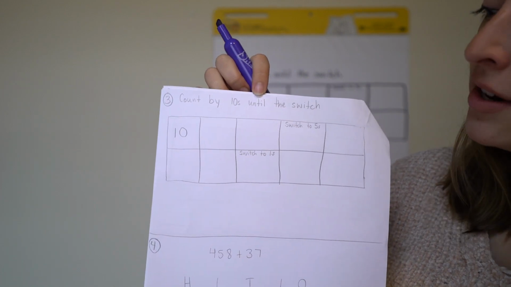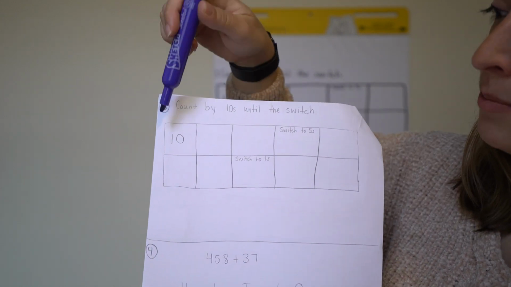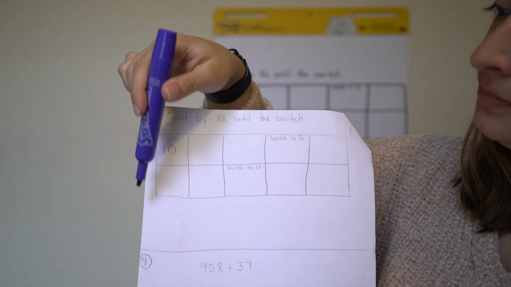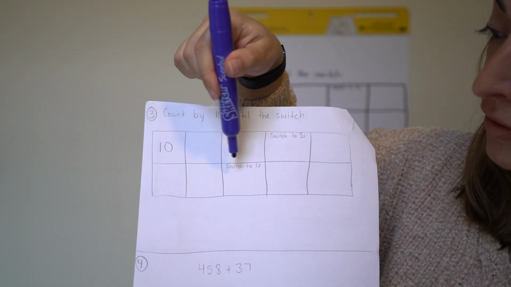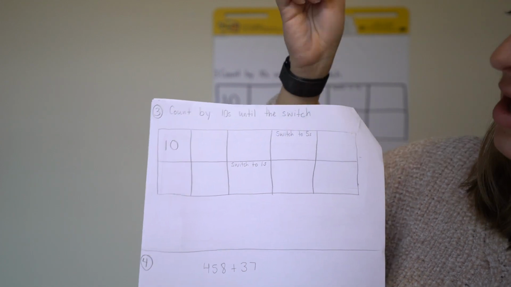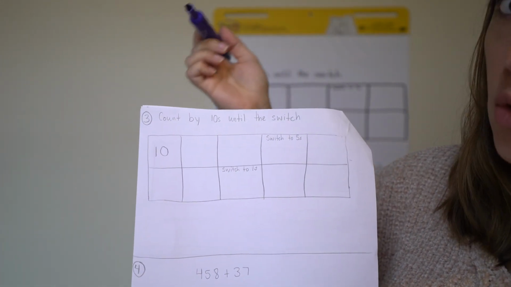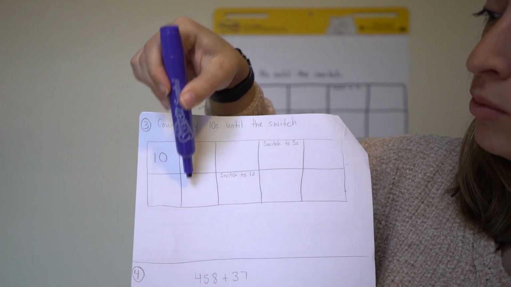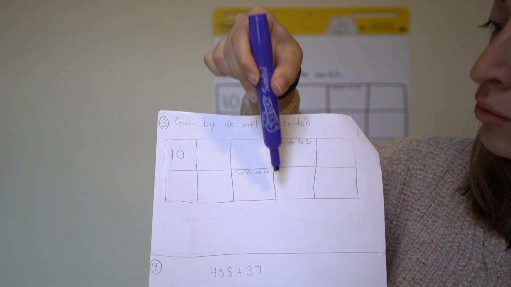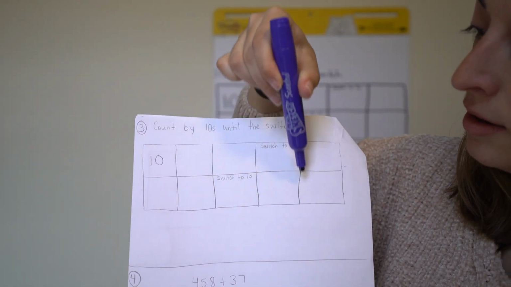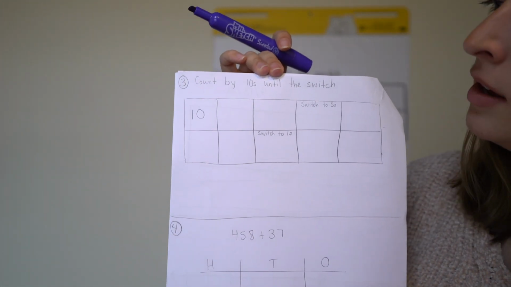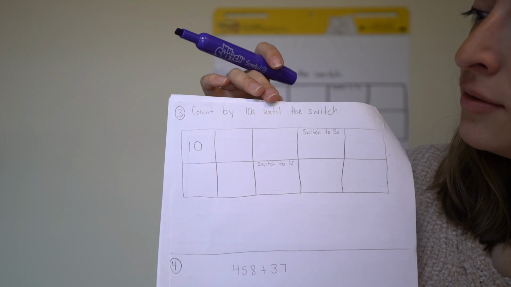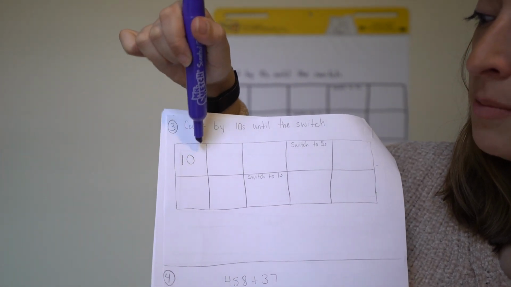After you write the directions out, you are going to draw a big rectangle. Then you're writing a line in the middle of the rectangle. Then you're going to draw 4 lines. 1, 2, 3, 4. In the first box, you're writing 10, the number 10.